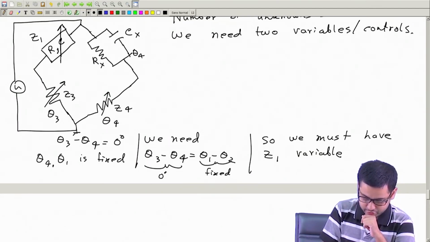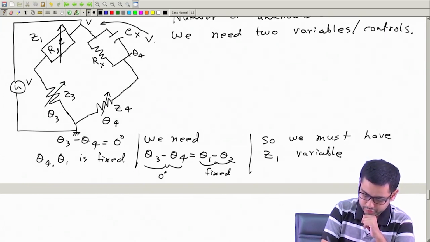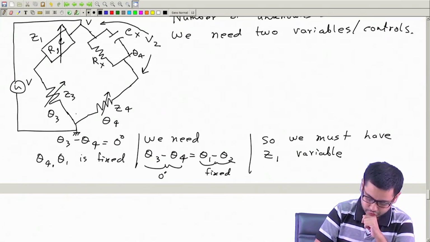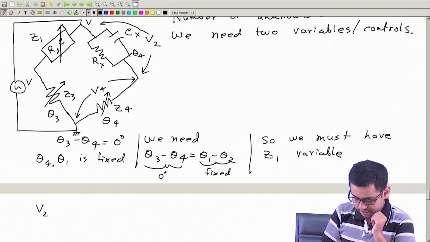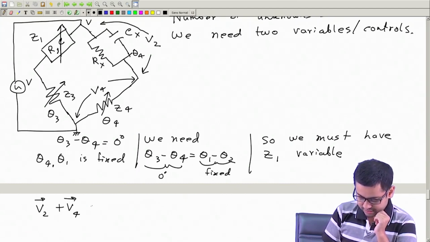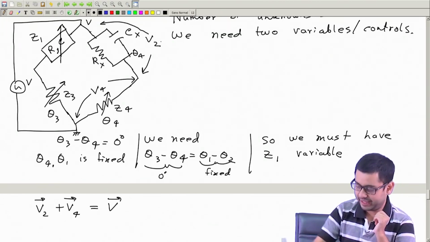Let me take this as the reference, call this V phasor. So this point is at V. Now this voltage across branch 1, 2, 3, 4, call it V2, and this voltage across branch 4, V4. So V2 plus V4, these are phasors, should be equal to V, the supply voltage, and V2 has to be high.